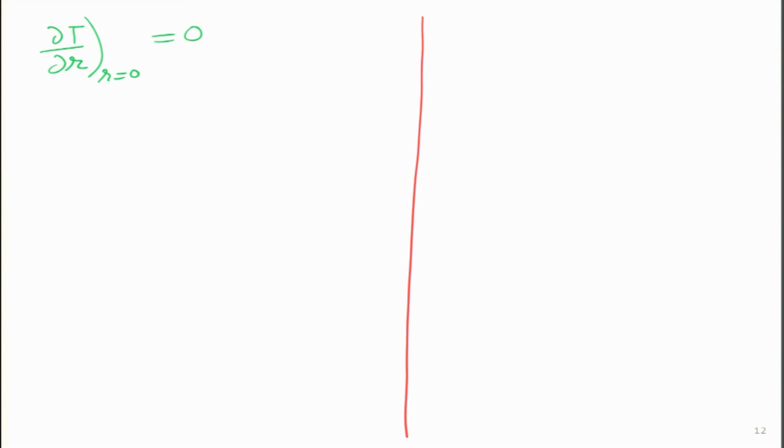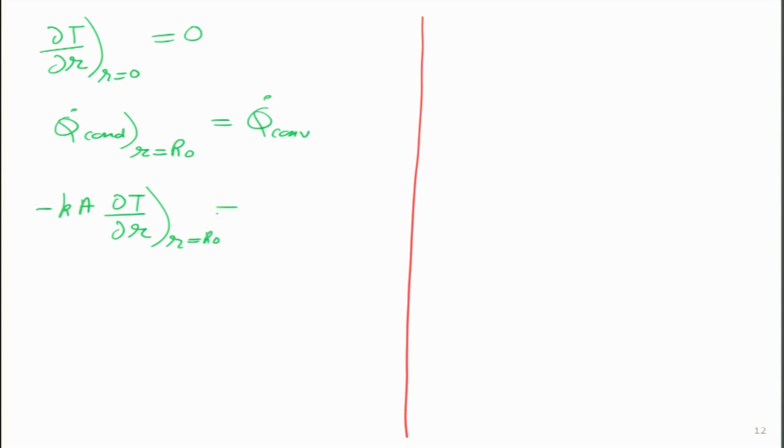And what is the second boundary condition that I can put over here? The second boundary condition is again at the interface: the conduction at r equals r naught is equal to q dot convection from the surface. This conduction part I can write as minus K A del T by del r at r equals r naught, is equal to h A times T S minus T infinity.